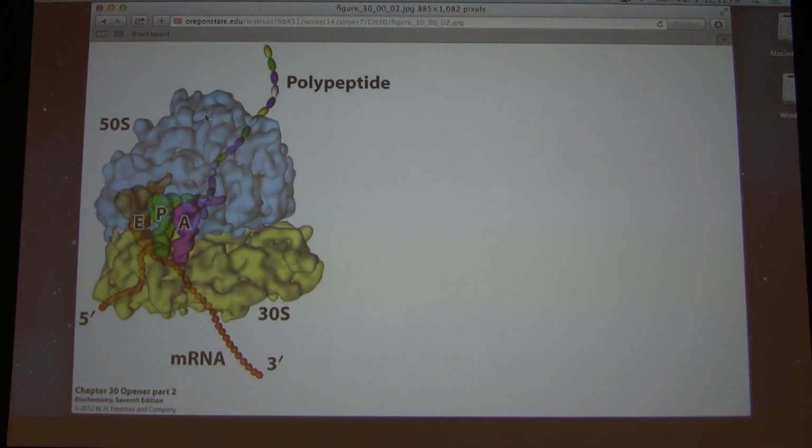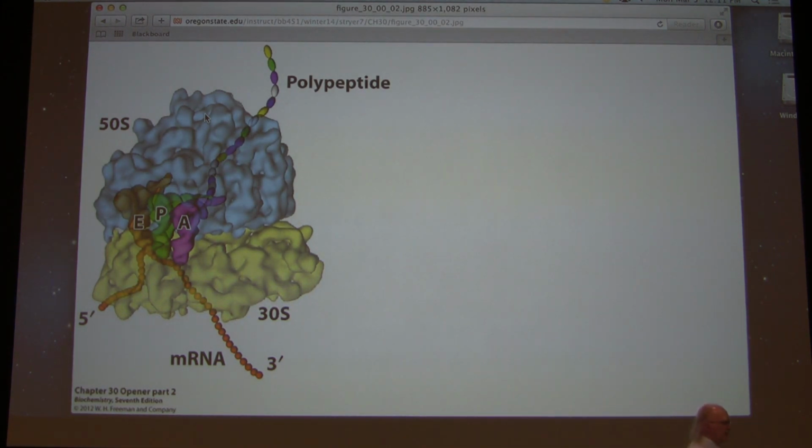So DNA synthesis occurs 5' to 3', RNA synthesis occurs 5' to 3', and translation occurs 5' to 3'. So this guy is moving from left to right, which means that new sequences will appear in the A site first.